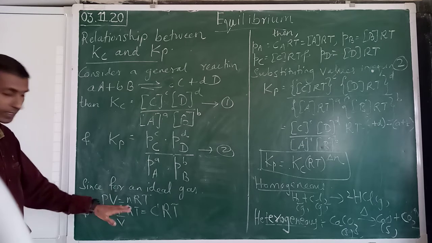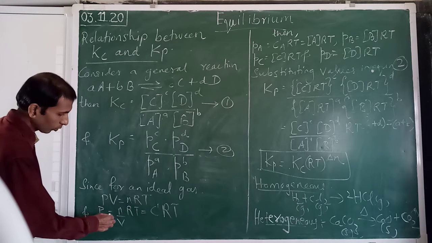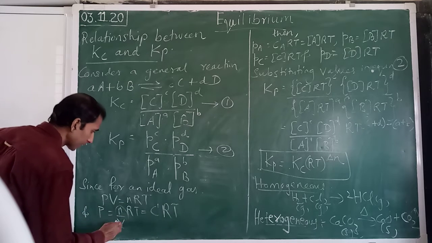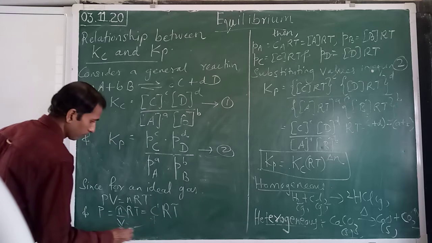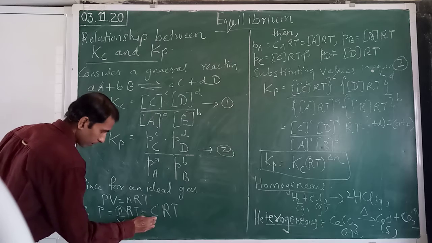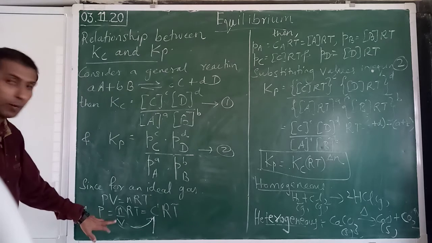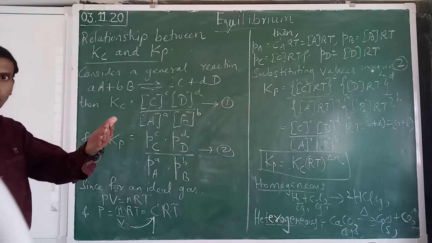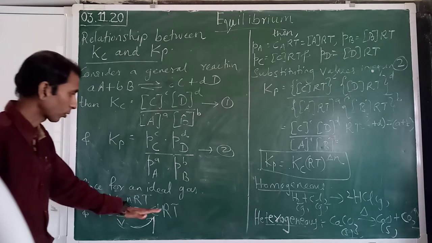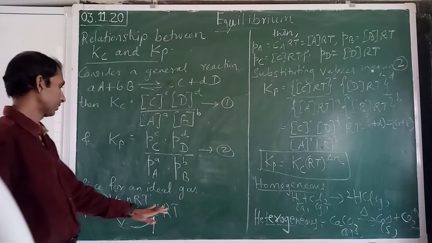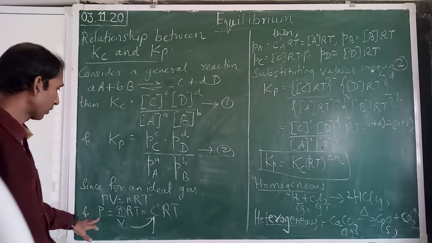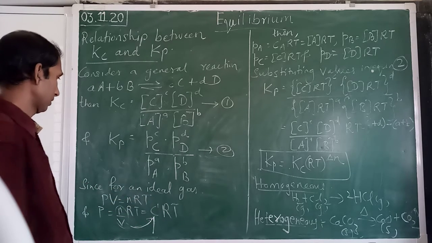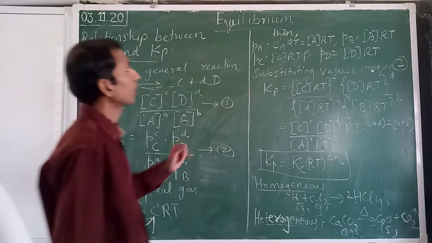Here n upon V, the number of moles in a given volume of solution, is nothing but concentration, which we can write as C dash. So we get P is equal to C dash RT, the general equation.